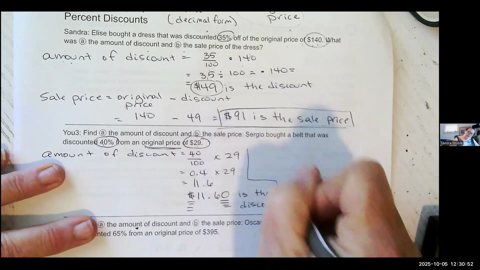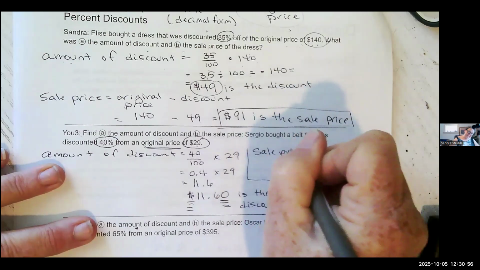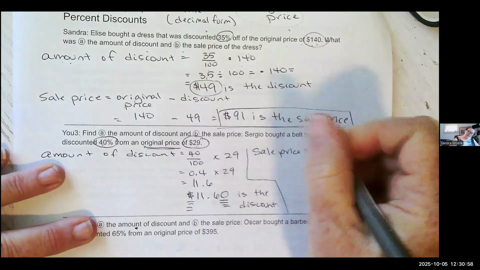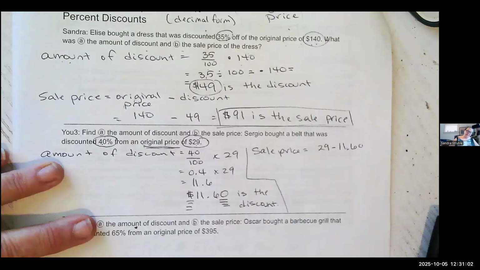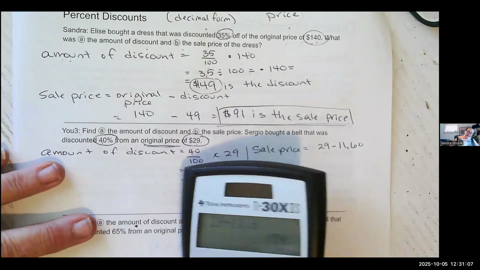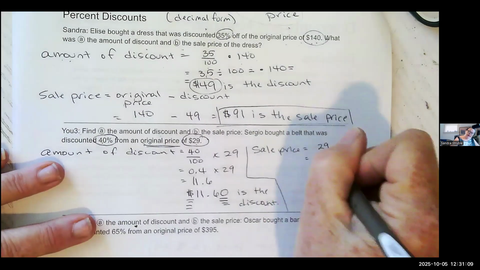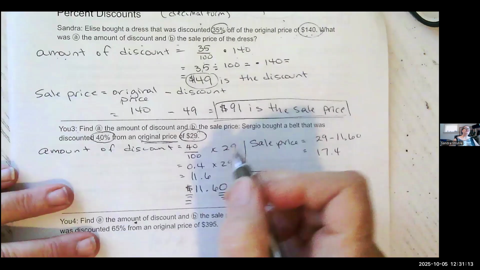And then the sale price is the original 29 minus the $11.60. And it's 17.4. Again, that is not an answer because it's the price of something.